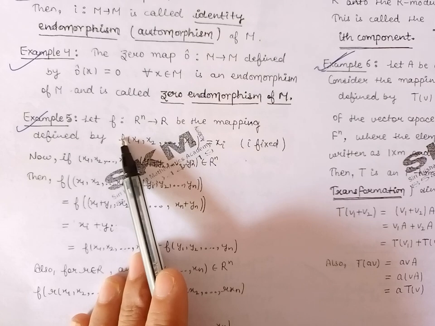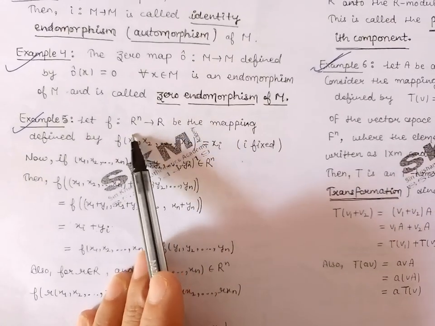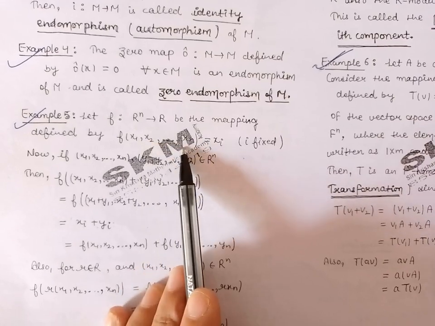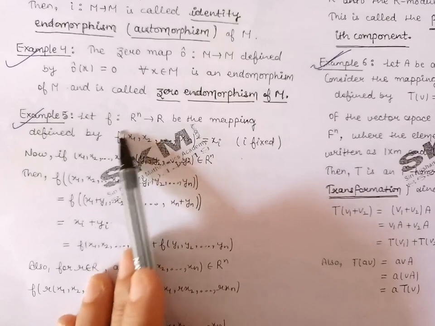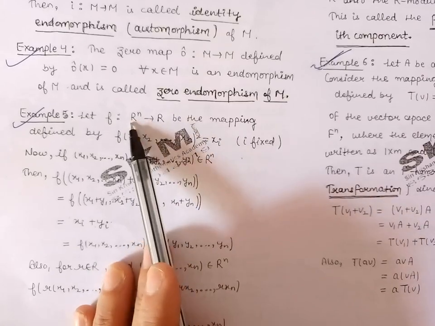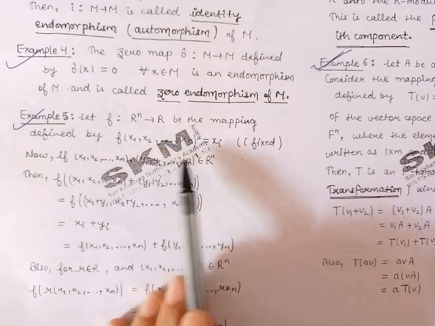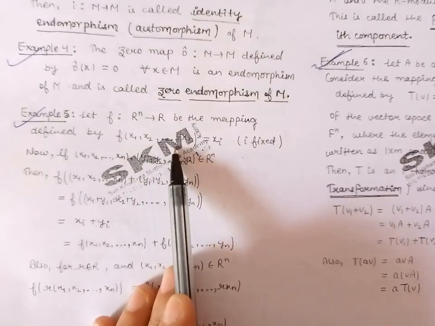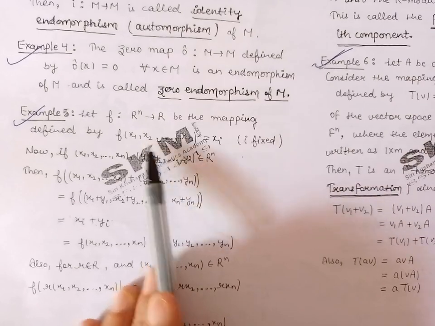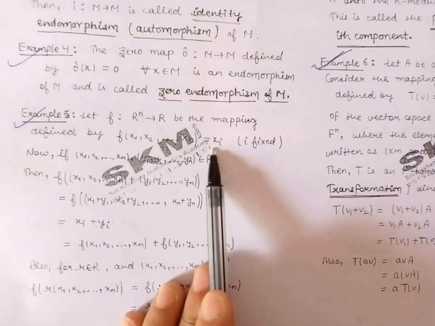A mapping F from Rn into R. If we take an element having the n coordinates, x1, x2, x3 up to xn, so this element is an element of Rn, and its image under F we have defined by the ith component of this vector, that is xi. In this way we have defined the mapping F.